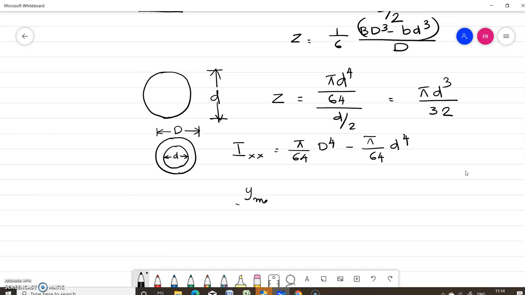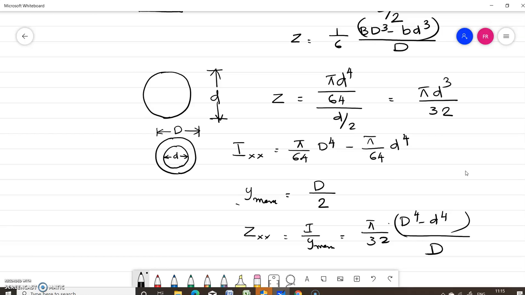The centroidal axis will be at a distance of capital D by 2. So you can write Zx, or Z, is equal to I by y max, which is equal to pi by 32 into capital D raised to 4 minus small d raised to 4, divided by capital D. So this is how you can find out the value of section modulus for various sections.